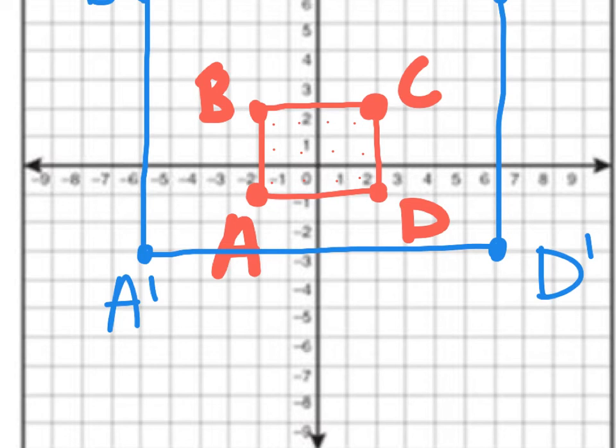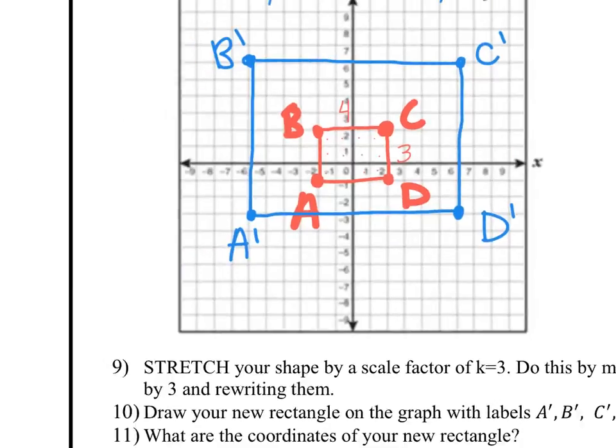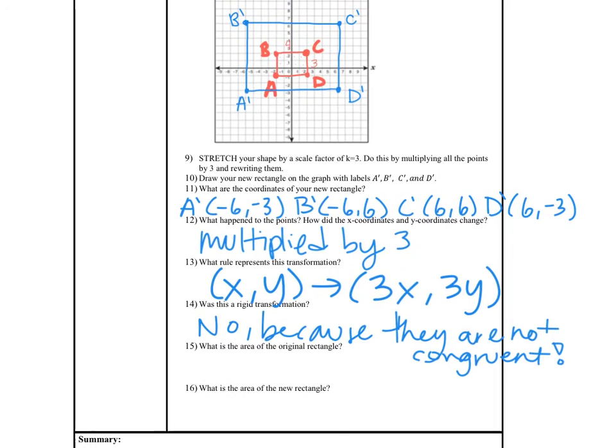Or you can do length times width. 4 times 3 is 12. So I know that the area is 12 units squared, because I'm counting the amount of squares inside of each rectangle.